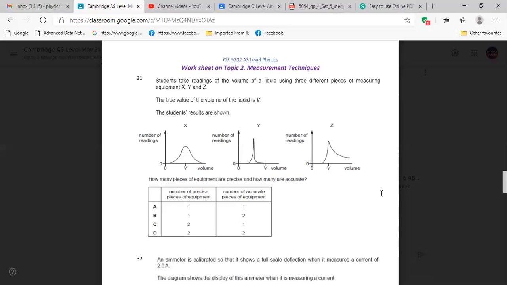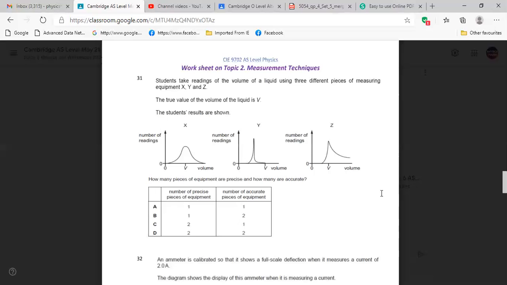The true value is marked in the graph, right? Yes, sir. And you see in Y, the peak is very far from the true value, right? Yes, sir.